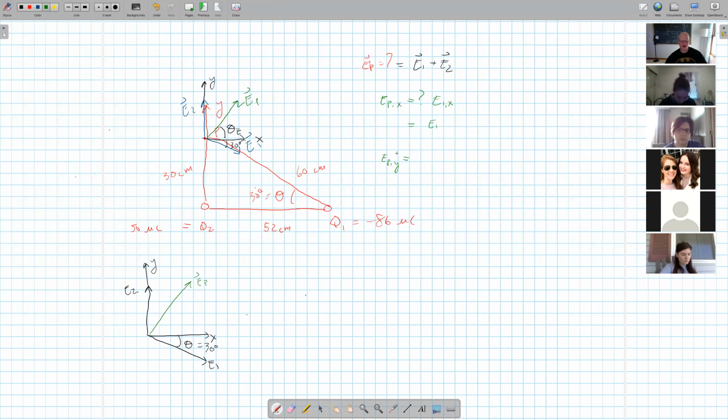Cosine. A cosine, good. So this is going to be E1 times cosine of the angle. Now let's use our formula from the other page. So this becomes K times Q1 divided by the distance, where the distance in this case is going to be this distance. So that's going to be our 60 centimeters or 0.6 meters, quantity squared, times cosine of 30 degrees. Move this one down a little bit.